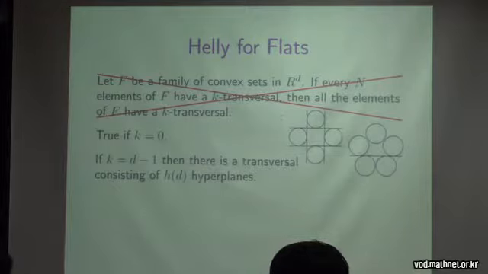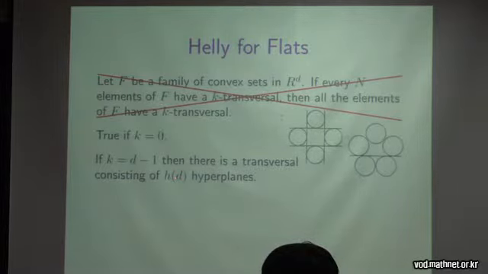If you're talking about things of codimension 1, so d-1 transversals, these are just hyperplanes, then you cannot guarantee that there is something intersecting everything, but you can find a bounded, small number of hyperplanes that do intersect the whole thing. So now you don't have one element that intersects everything.